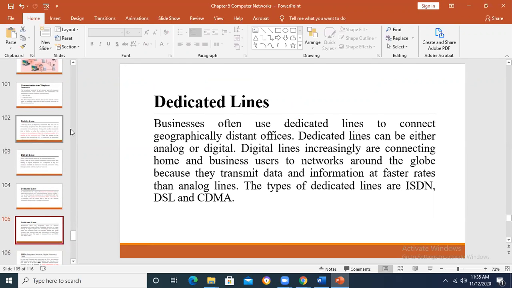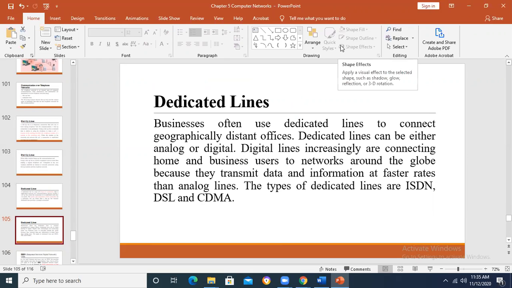Right now we are talking about how we are going to use the telephone lines for our connection. In dedicated, that particular line will be specifically used for the sake of making that connection.